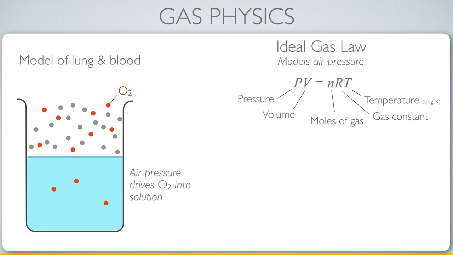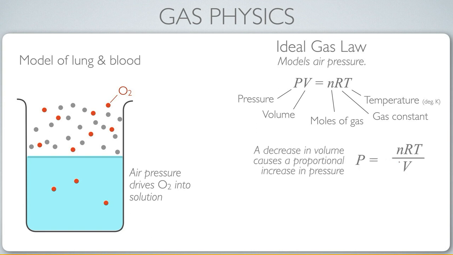So if we take the ideal gas law and rearrange its terms, we can come up with an equation for pressure, and we can see that if we want to maximize the pressure, again, how to get the most exchange, then we can elevate that pressure of the gas by, in one sense, reducing the volume of the gas mixture above the interface.